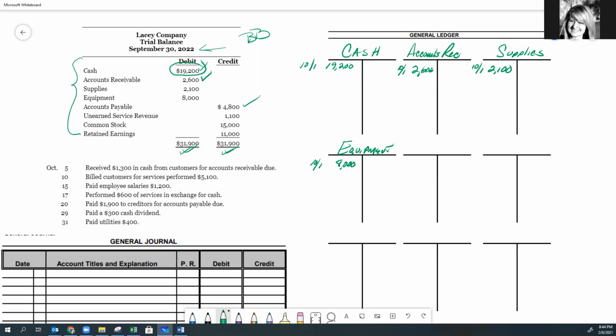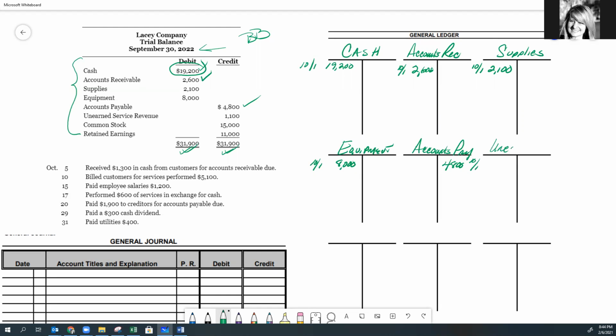And now we have our liabilities. They have a normal balance of a credit balance. So we have accounts payable, and because that's a credit balance, we're going to put it over here on the credit side. That's the 10-1 balance. We have unearned service revenue.